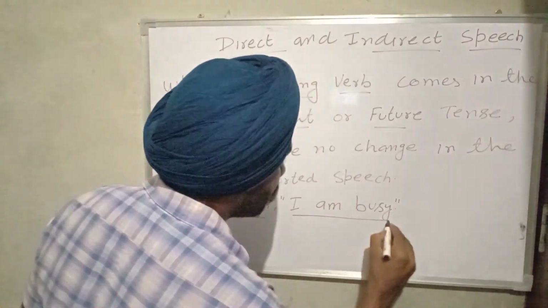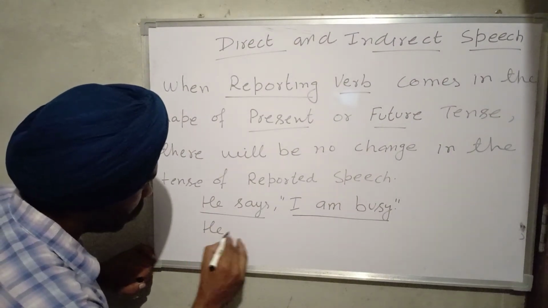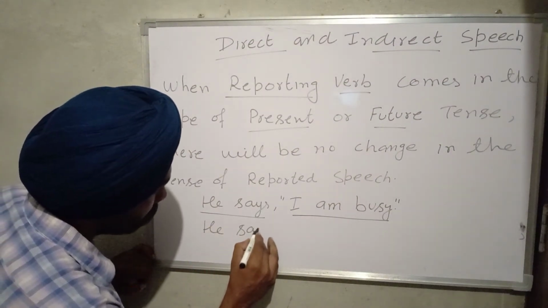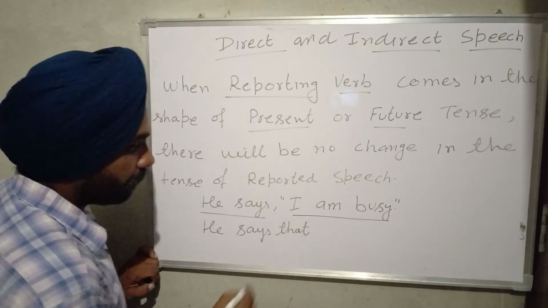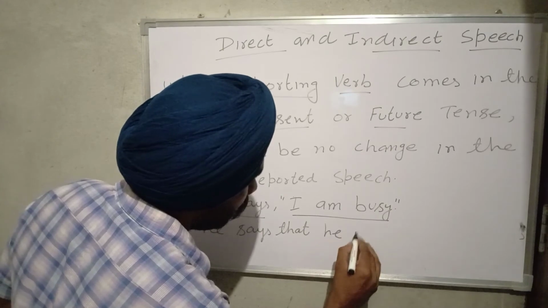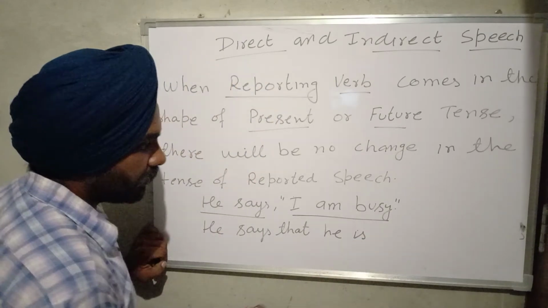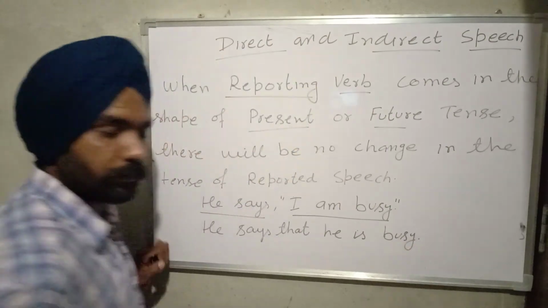It remains in the present tense. When we change it into indirect, he says that, "I" changes into "he", and he always takes "is": he is busy.